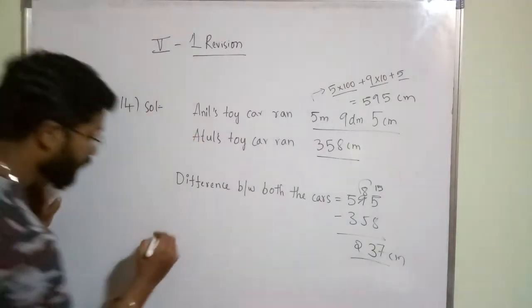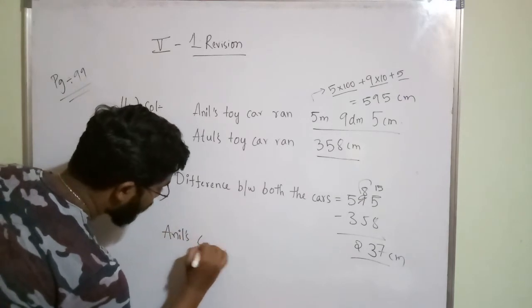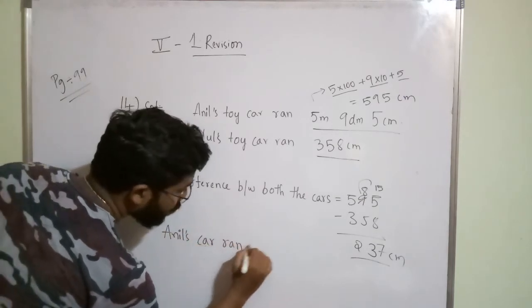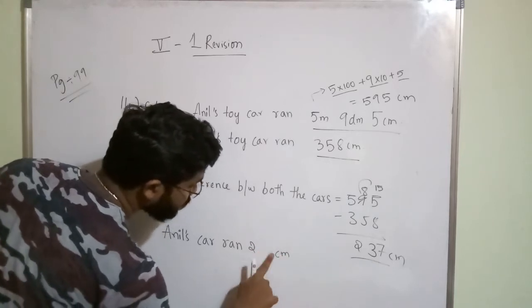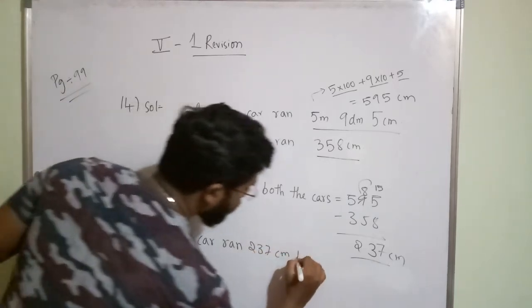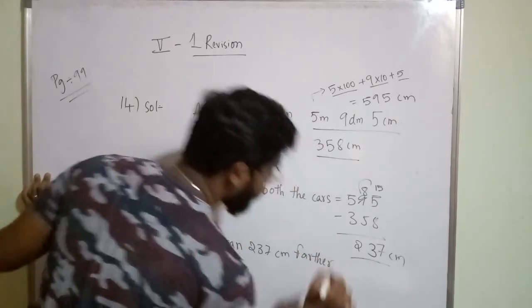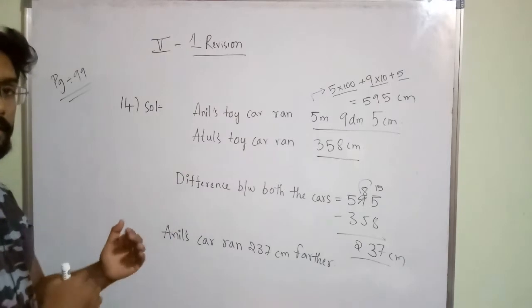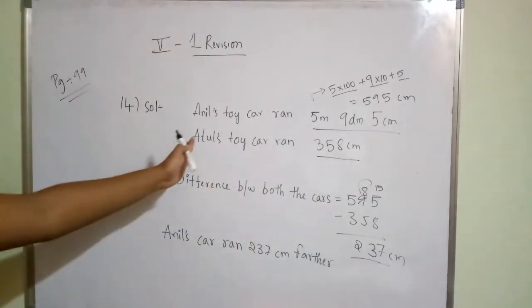So what is the answer? Anil's car ran 237 centimeters farther. Farther means how much distance it has traveled by crossing Atul's car.